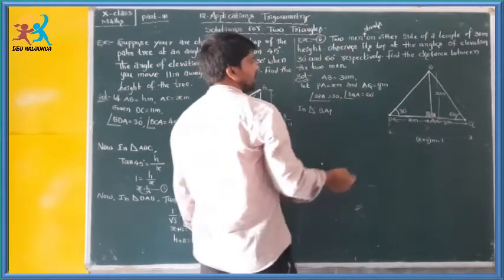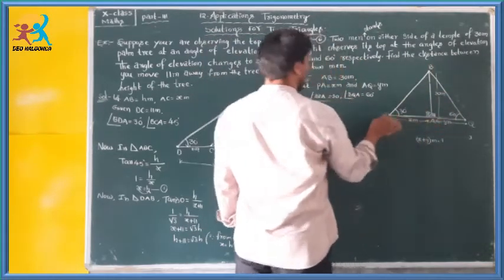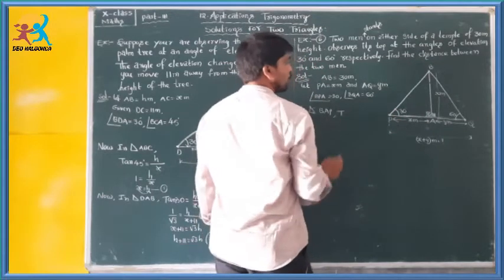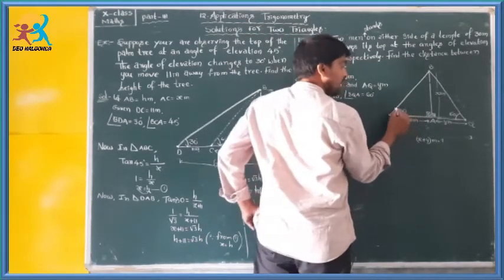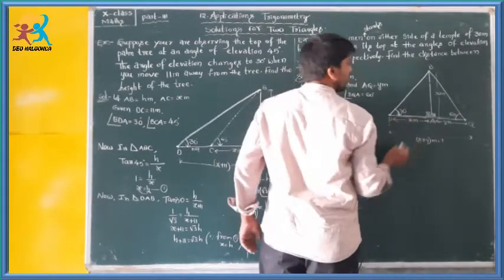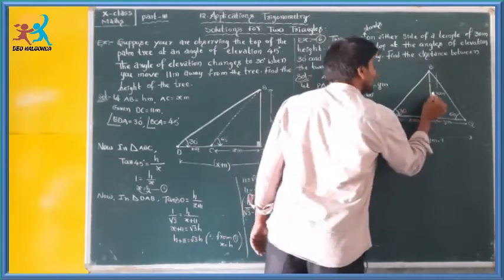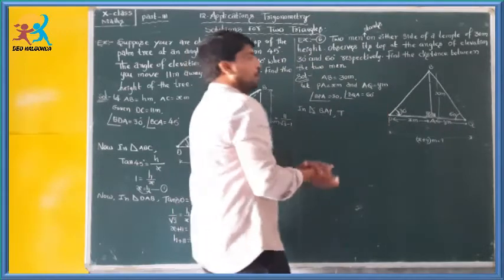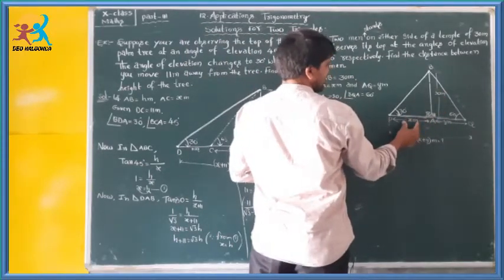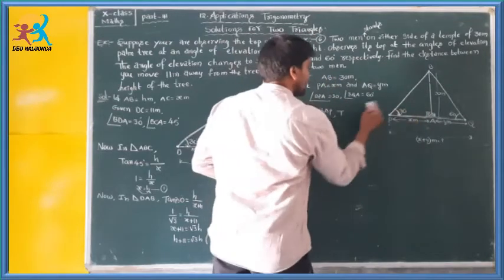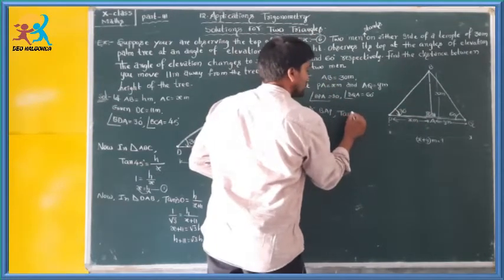In right angle triangle BAP, we have to find the adjacent side of 30 degrees, and the opposite side of 30 degrees is given. So we consider the ratio of opposite to adjacent, that is tan 30.